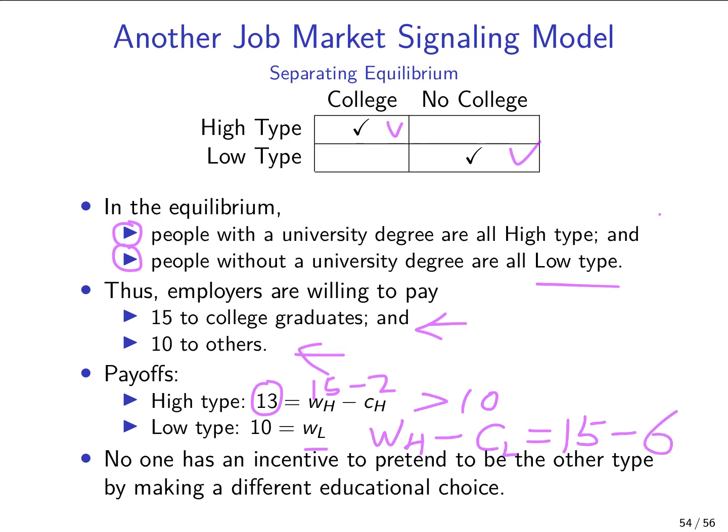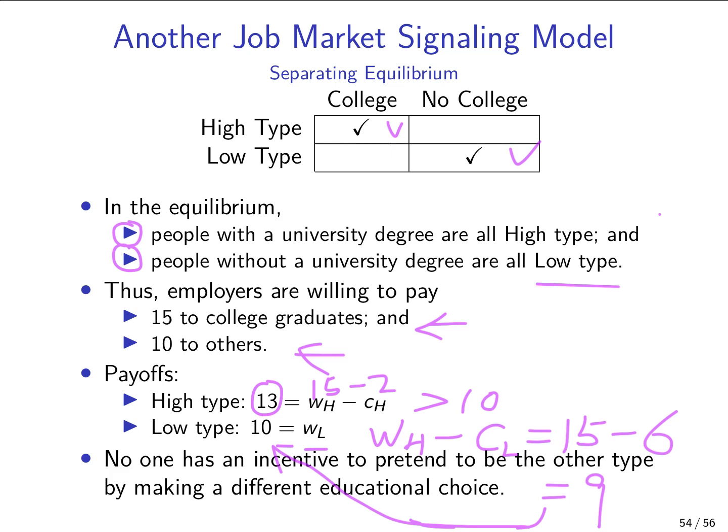In the last slide, we mentioned that the cost for the low type to get a university degree is 6. And that would be 9, which is smaller than 10. So in this case, the high type has no incentive to deviate and pretend to be a low type.